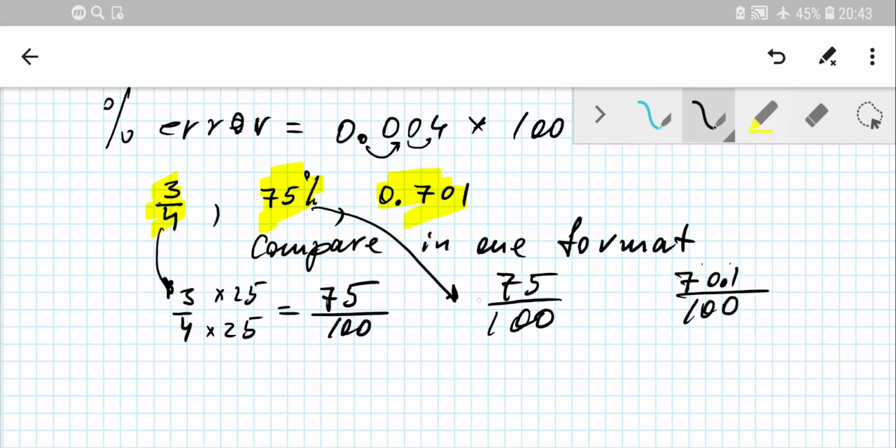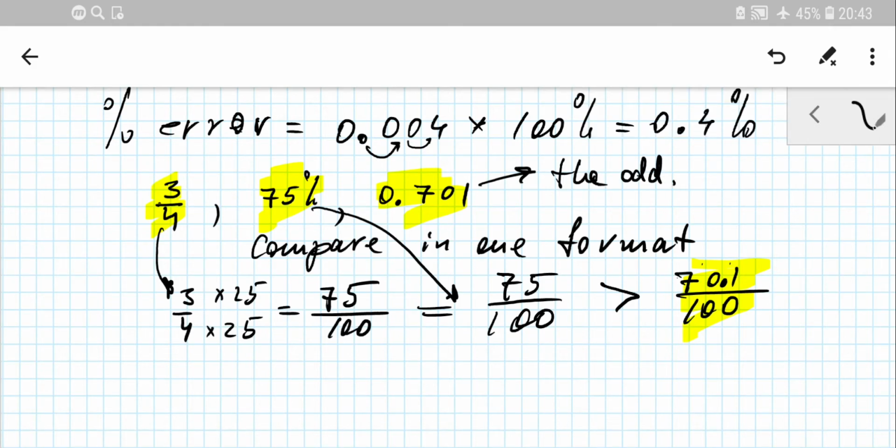So you see clearly that they are equal while this is less. So your right number is less. So that's why this is the odd one, which means different from all other numbers in the group. Okay, so that's based again on comparison.